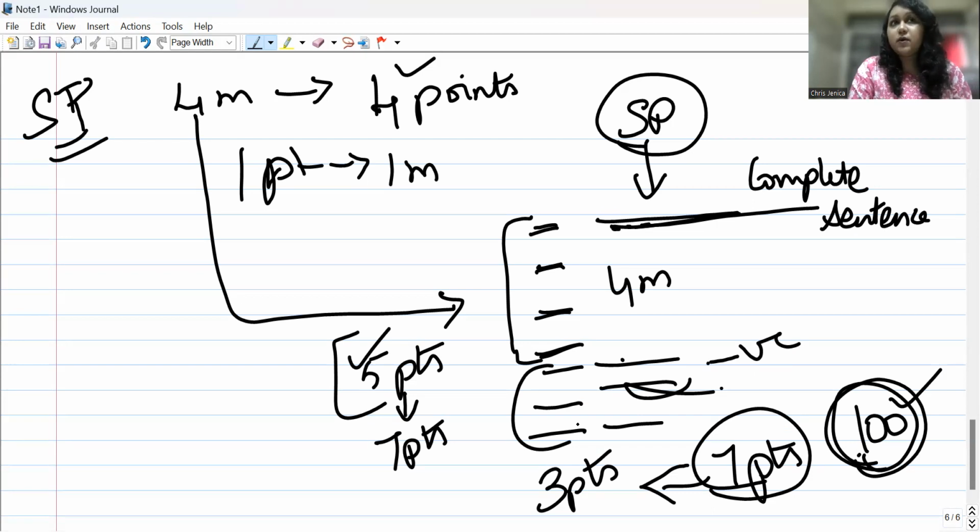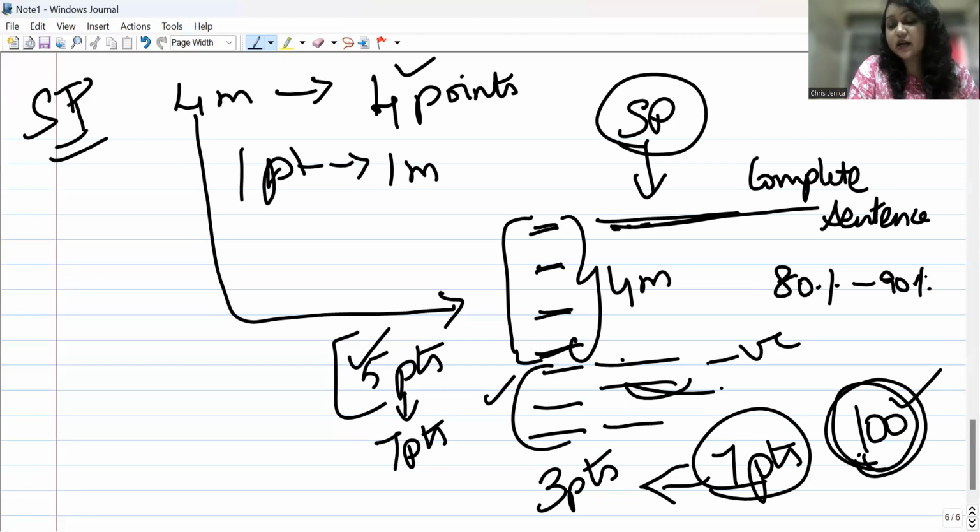But the student's question was, what if these points are wrong, could these extra points help me? So I would say, first of all, when you're thinking in your mind, come to a conclusion. Whichever point you think is 80 to 90% correct, or absolutely 100% correct, list that out first.